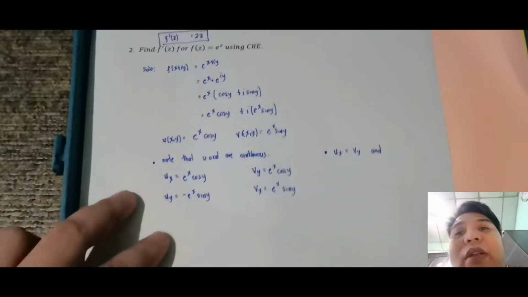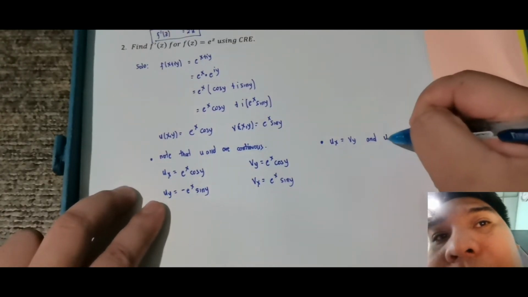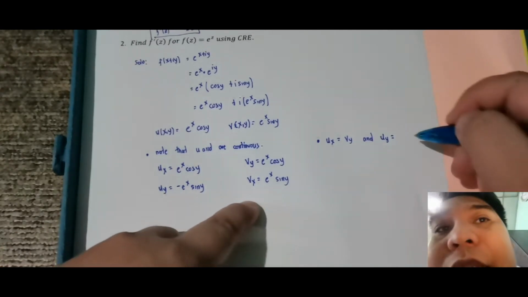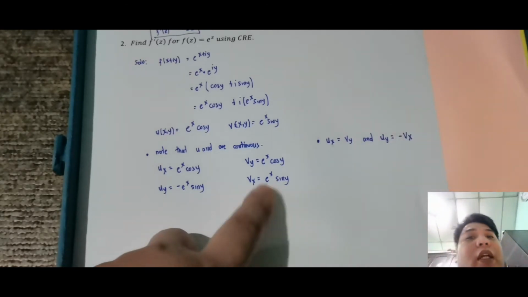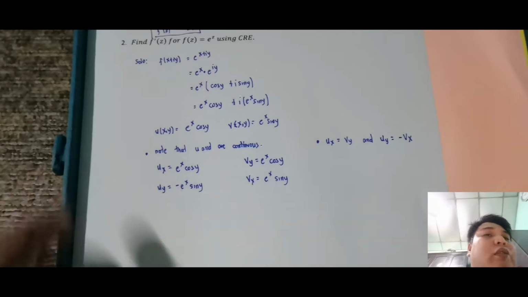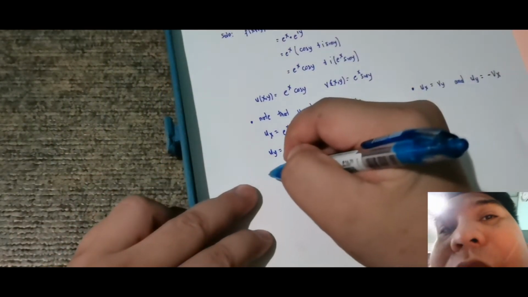And note, i-verify ulit natin to. Si partial derivative of u with respect sa y ay equal sa negative nito, kasi negative siya. Di ba nga sabi sa ating condition, dapat negative partial derivative of v with respect sa x. So, kitang-kita naman. So, kung multiply mo to sa negative, equal siya doon. Okay, so since satisfy yun ng CRE, we can use yung relation ng CRE.